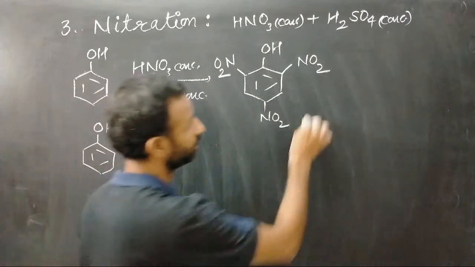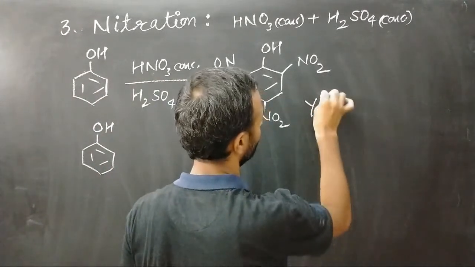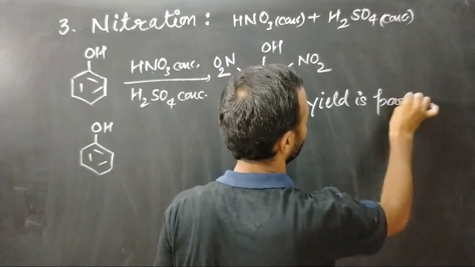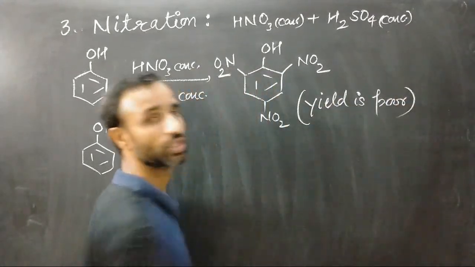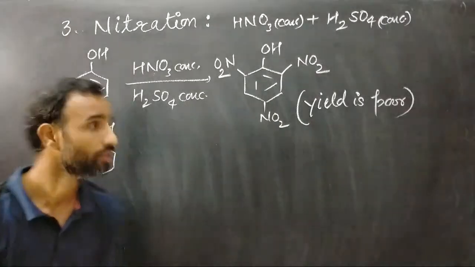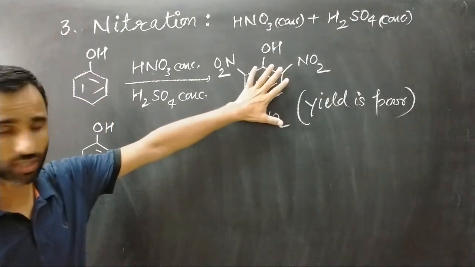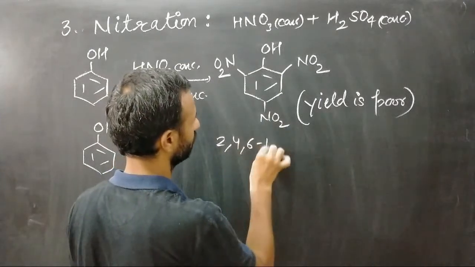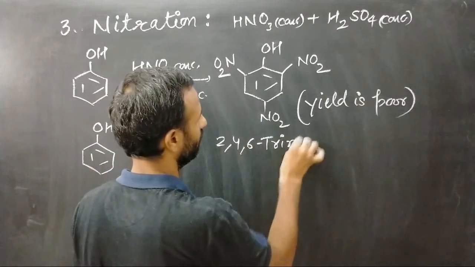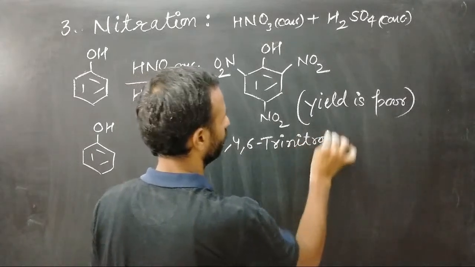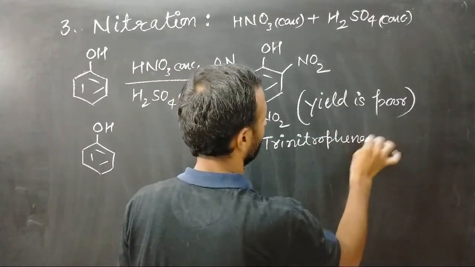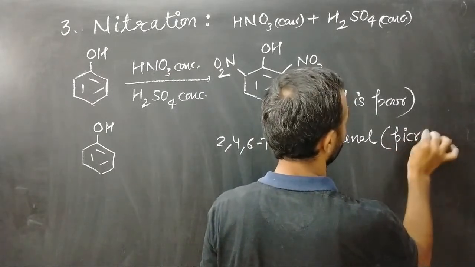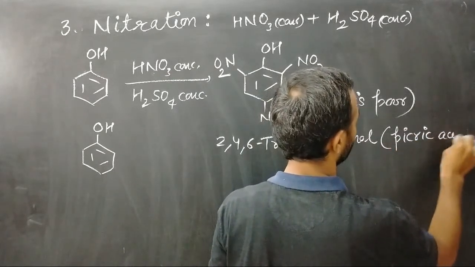But its yield is poor. 2,4,6-trinitrophenol is also called picric acid.